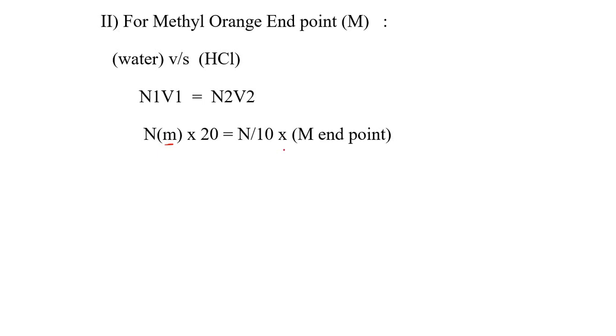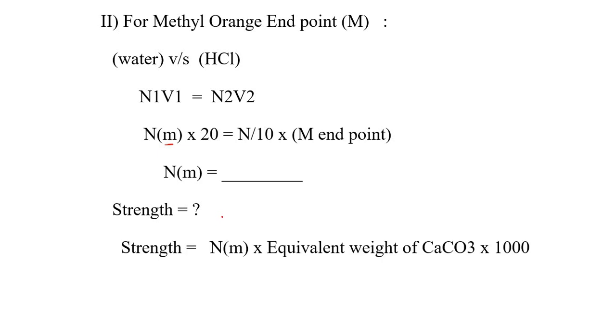N/10 multiplied by M endpoint. Now if you simplify this, you will get the strength, and the strength is nothing but the normality multiplied by the equivalent weight of CaCO3 multiplied by 1000. So you will get, after simplification and calculation, the alkalinity value for the methyl orange endpoint in ppm.